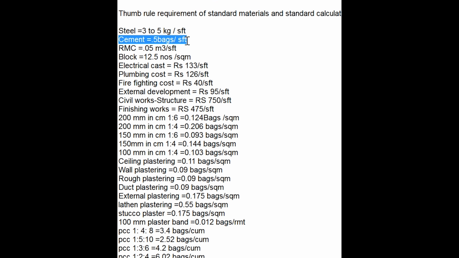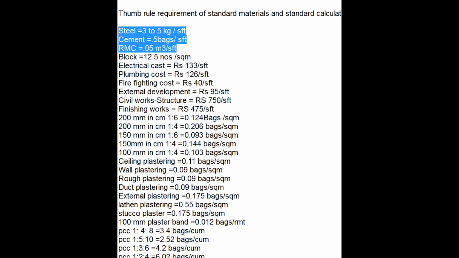So you can calculate straight away 0.05 cubic meter per square feet. These are the 3 main materials which are calculated by the thumb rule, and for other materials we can work out the thumb rule figures from our studies for each and every particular material.